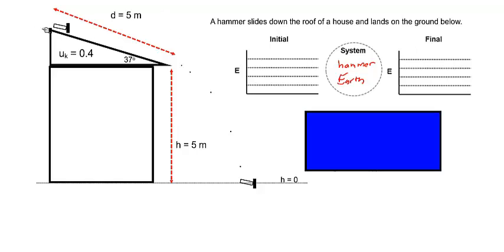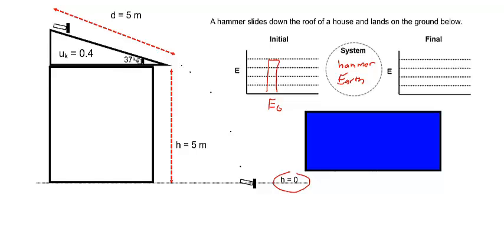So in the beginning it starts at rest, so we're not going to have any kinetic energy, but because I've defined h equals 0 to be down here, we are going to have some gravitational potential energy. Now, like I said, the roof itself is not part of the system.